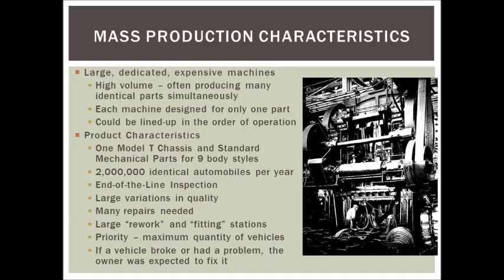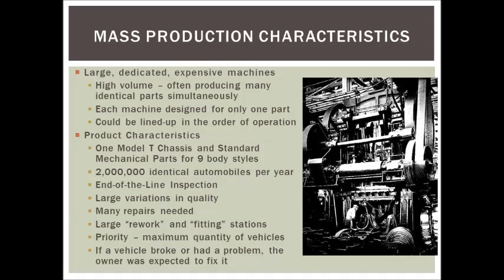Henry Ford was known for investing in capital equipment, customized, specialized equipment that would be able to produce the component parts in high volumes that he needed for his production lines. So he would custom design these machines that would be able to produce a single component, for instance, a left fender of a car, or a back bumper of a car, or a door handle for a car.